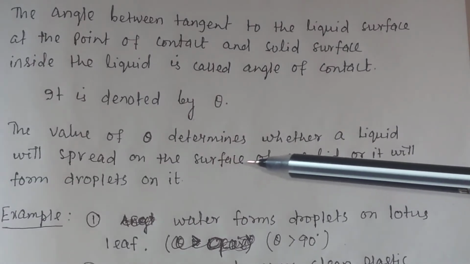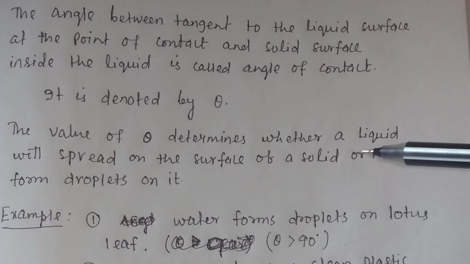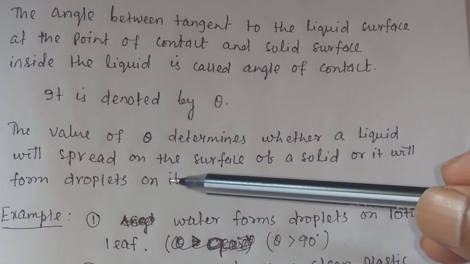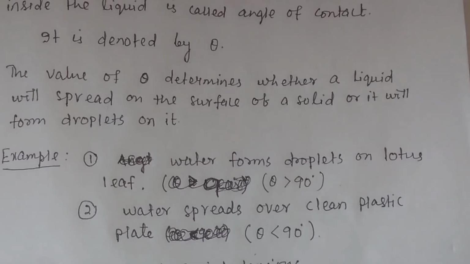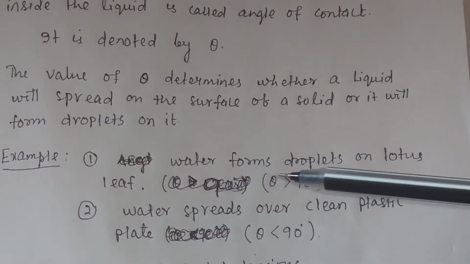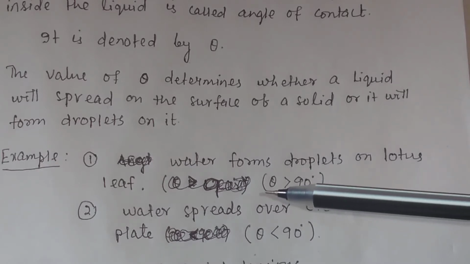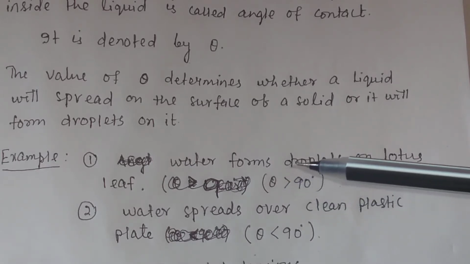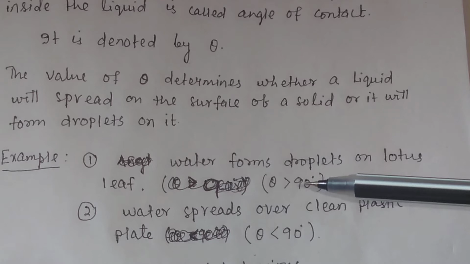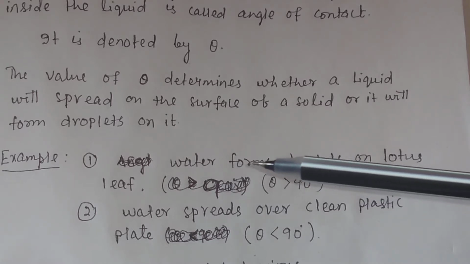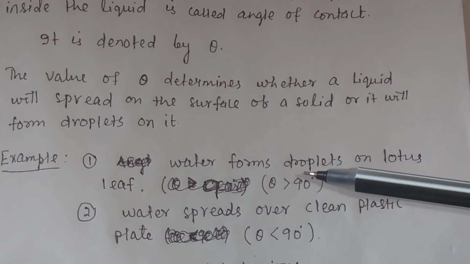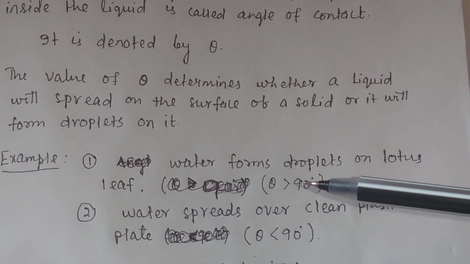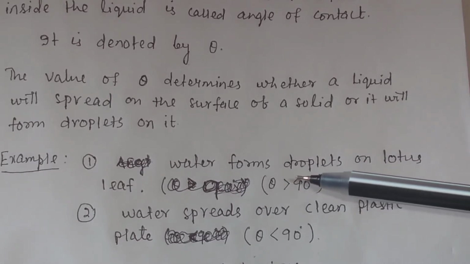The value of theta determines whether a liquid will spread on the surface of a solid or it will form droplets on it. We know water forms droplets on a lotus leaf. If theta is an obtuse angle, greater than 90 degrees, as for water and lotus leaf where theta is about 170 degrees, water forms droplets.